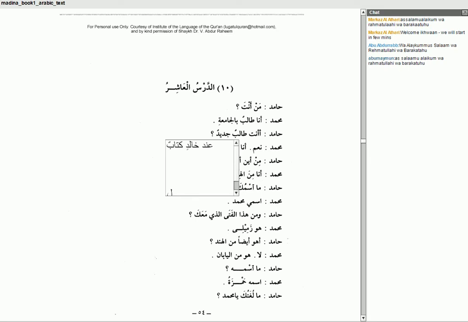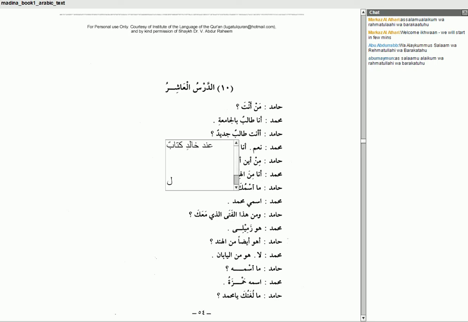This is talking about what Khalid has with him. Enda Khalid means in Khalid's possession, not necessarily that he owns it, but generally speaking, yes. It can include ownership. Enda Khalid kitab. Khalid has a book.